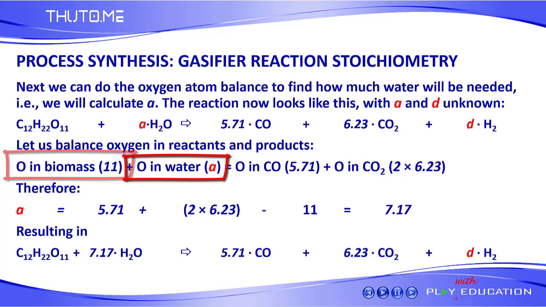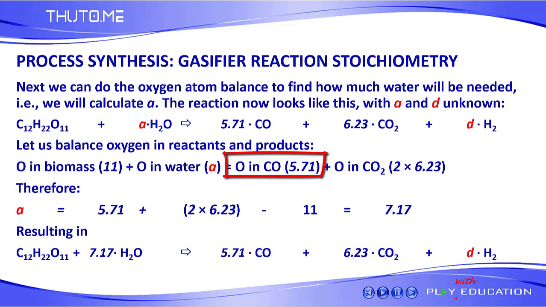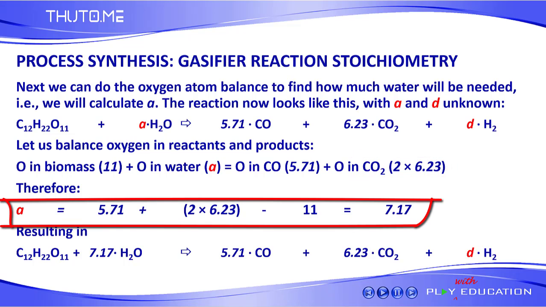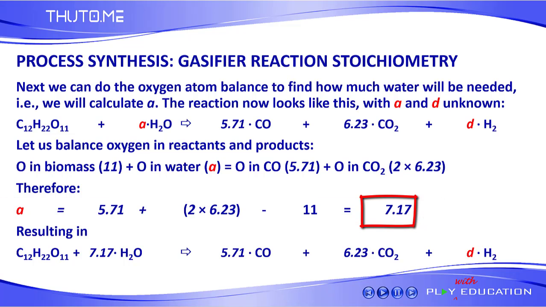Oxygen in water is A, as there's 1 oxygen per water. Oxygen in CO is 5.71, as there's 1 oxygen per CO molecule. And oxygen in CO2 is 2 times 6.23, as there's 2 oxygen for every molecule of CO2. Therefore, we can rearrange this balance and solve for A, which we end up getting to be 7.17.